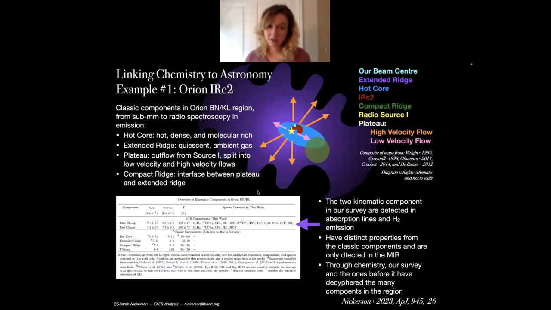And so in the mid-infrared, you're able to find distinct properties from other surveys. And so we're able to add another piece to this really complicated, really well-studied region that we wouldn't be able to without EXES. And also with JWST, this region's too bright, so we won't even be able to see this with JWST.